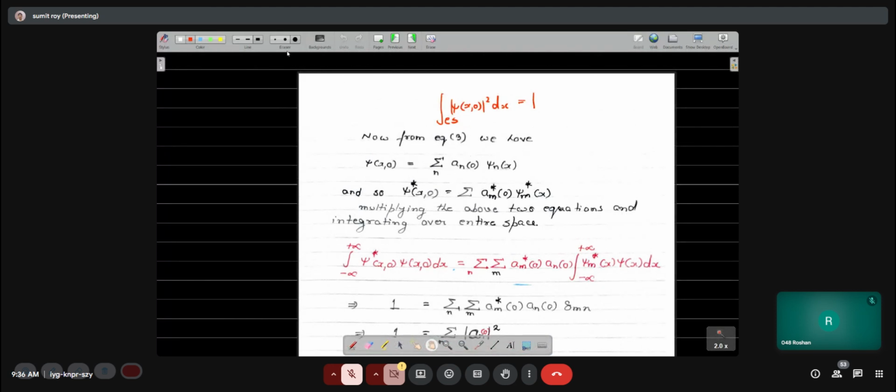The coefficient does not depend on time. Does the basis state depend on time? No, sir. So if the coefficient does not depend on time, the basis state does not depend on time, then why does a wave function change with time? ना कोफिशिएंट बदल रहा है, ना बेसिस स्टेट बदल रहा है, तो फिर हम क्या टाइम इवोल्यूशन बोल रहे हैं?